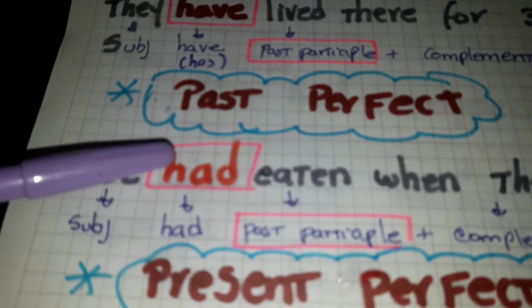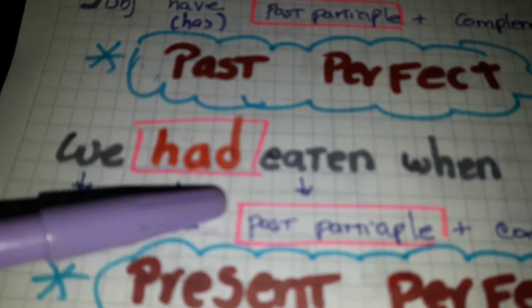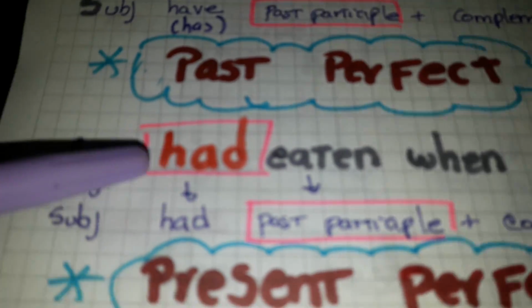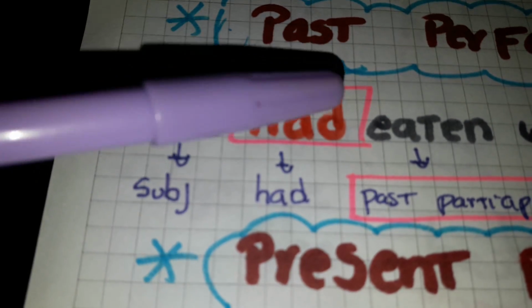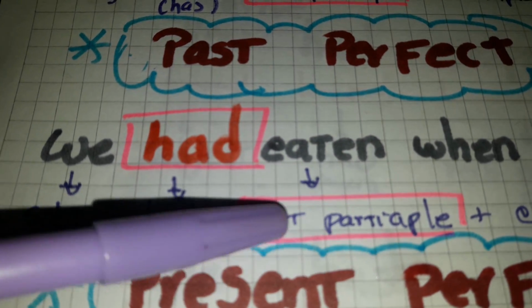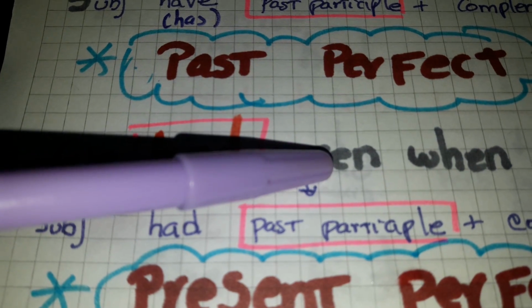Another important perfect tense, past perfect. Remember, in past perfect, our auxiliary is always had. All the time it is had. For instance, we, the subject, had, the auxiliary, and past participle. This is the verb. Look at this. This is an irregular verb.